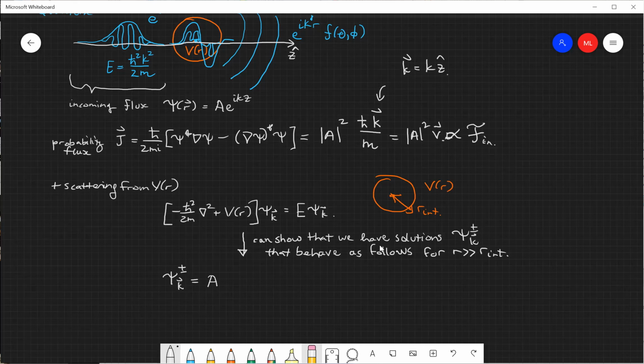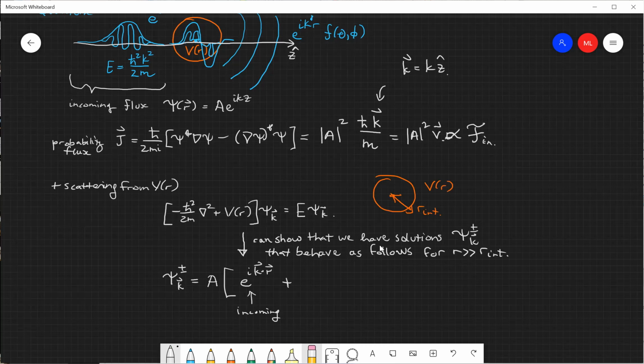There will be some amplitude, and there will be an e to the i k dot r, and this will just be the incoming part. If we have the wave vector along the z direction, so there will be some kind of incoming plane wave.